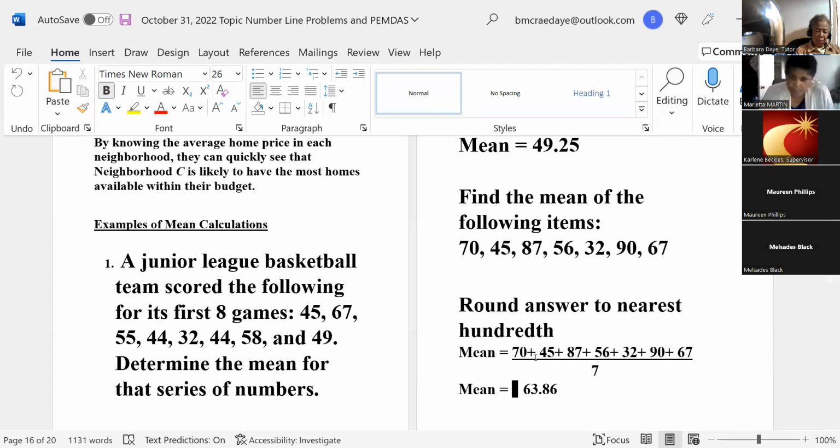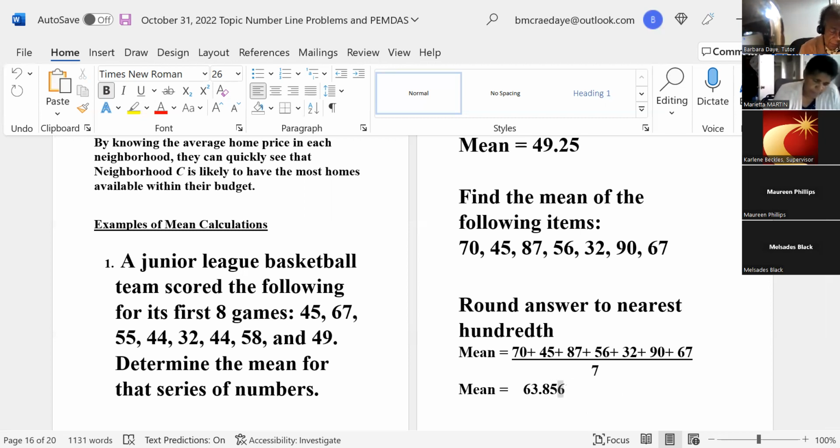I guess Maureen got 63.86, but I didn't remember how to round it off. Well, Maureen, what did you get after the 8? Same thing as I got.